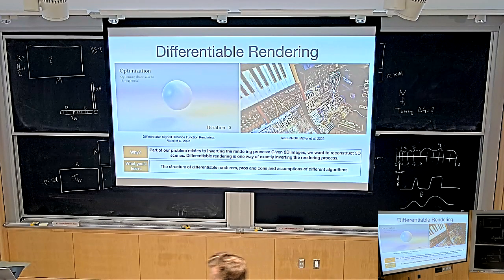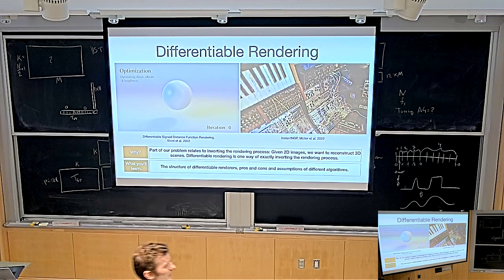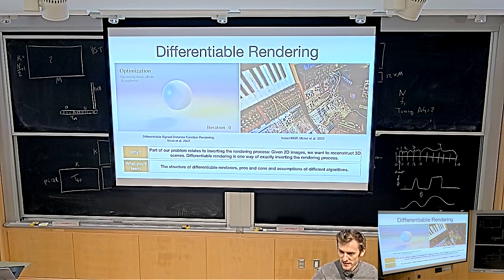And the key tool that has been developed for this purpose over the past, I should say, 6 years, so it's a very recent development in our computer vision community, is differentiable rendering. And the key idea of differentiable rendering, you can probably already imagine. The key idea is we're going to take this rendering operator that we discussed last time that takes you from a parameterization of the 3D scene to images, and we're going to make it differentiable.